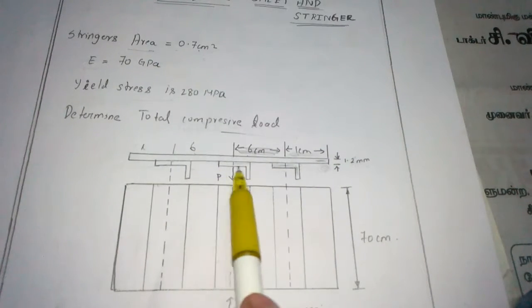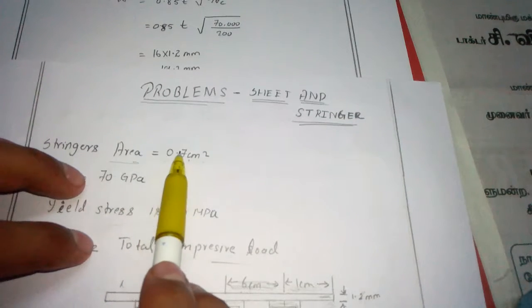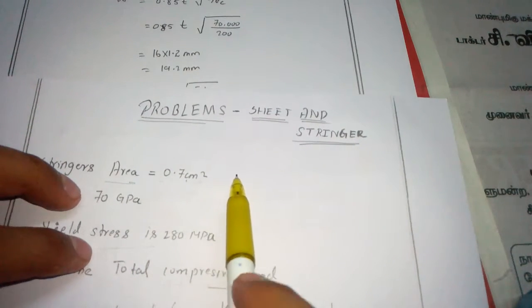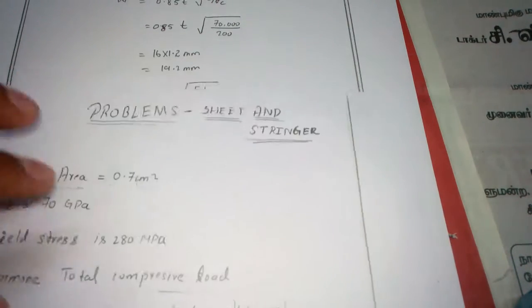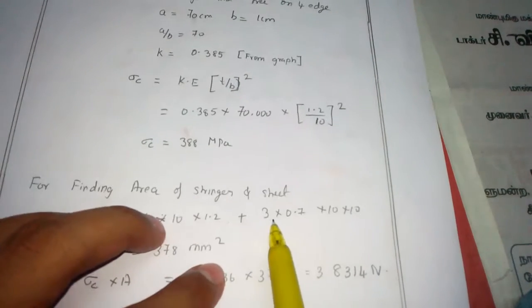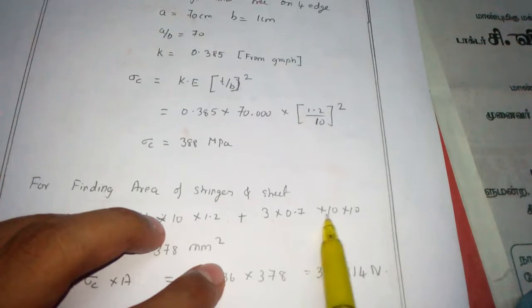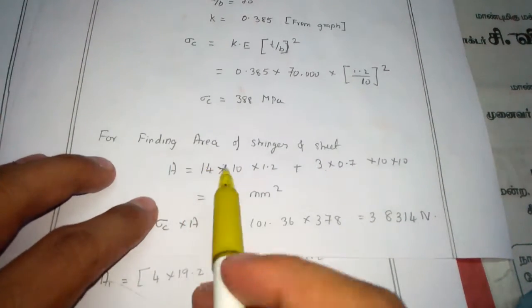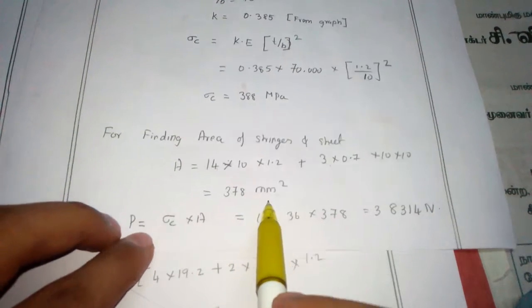We have 3 stringers, so for mm conversion we get 0.7 into 3 times 100. So the area will be 378 mm square.